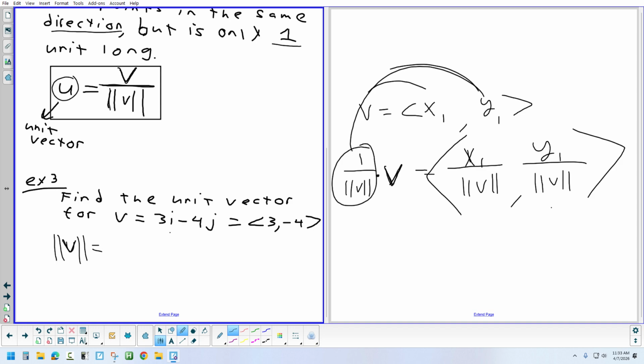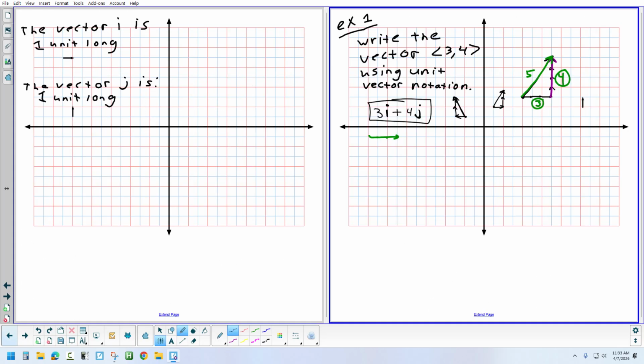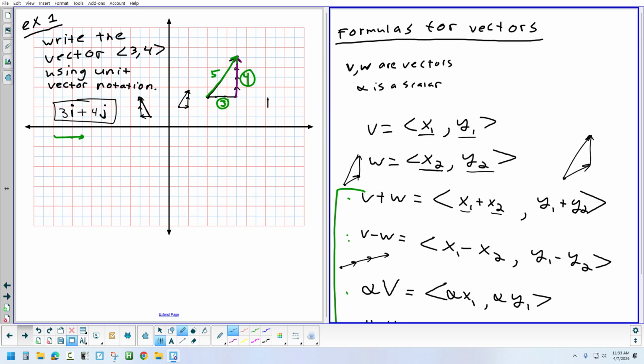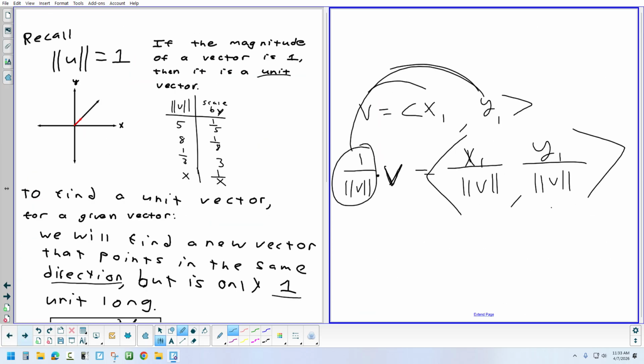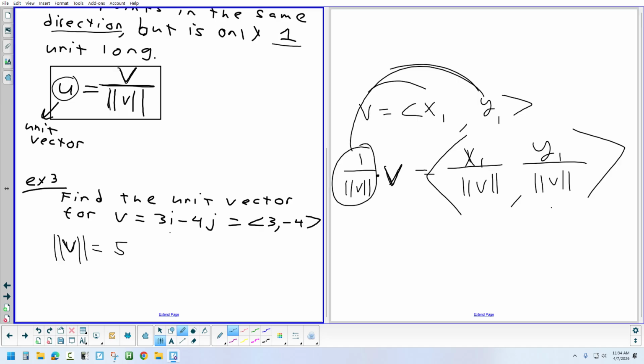No, that one's going to come out to a nice answer. It's similar to one I had right there. I know that was +3, +4, and this one is -3, +4, or -4, +3. Still the same thing. Yep, 5. So the magnitude of that vector is going to be 5.